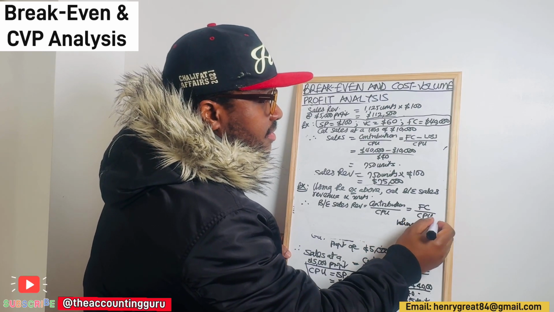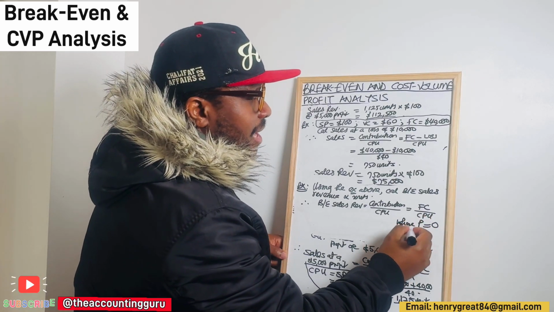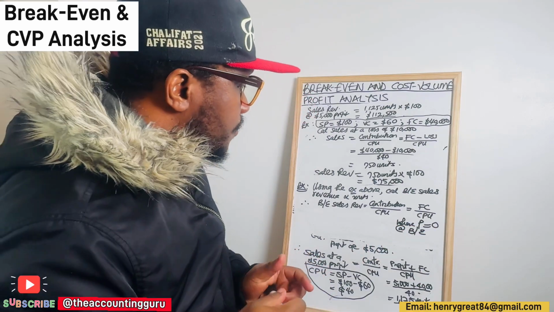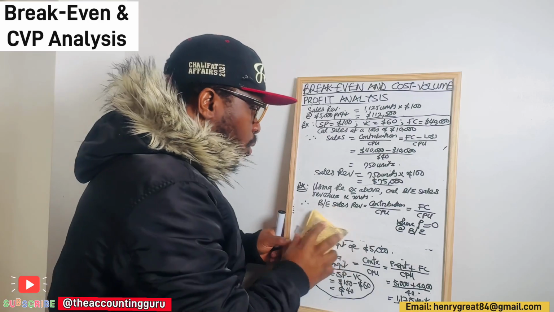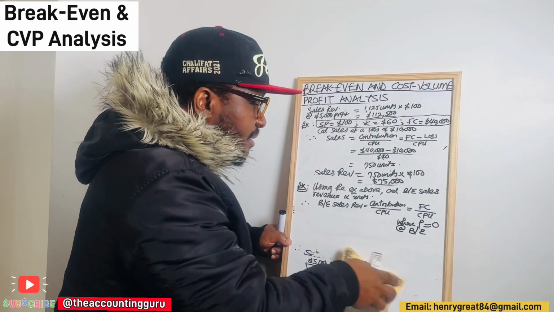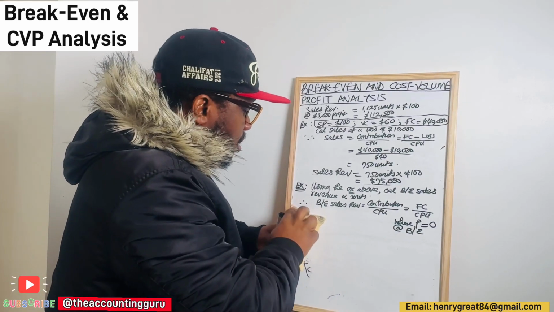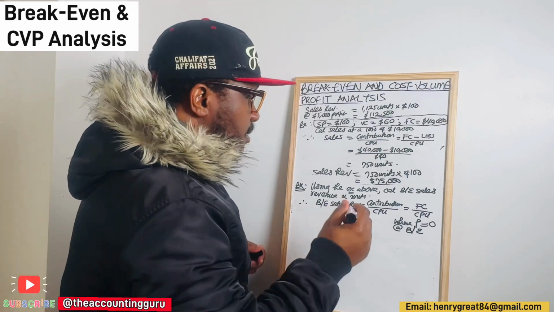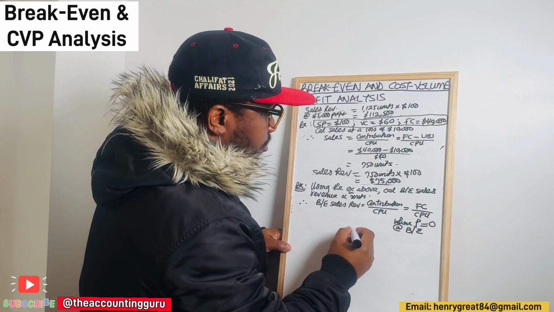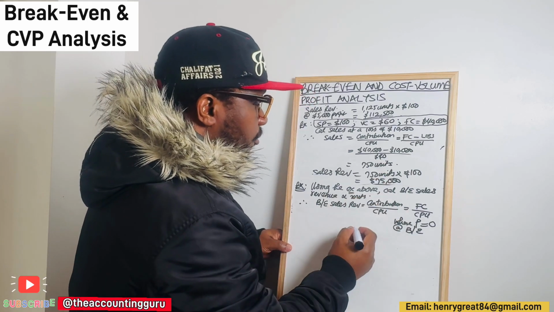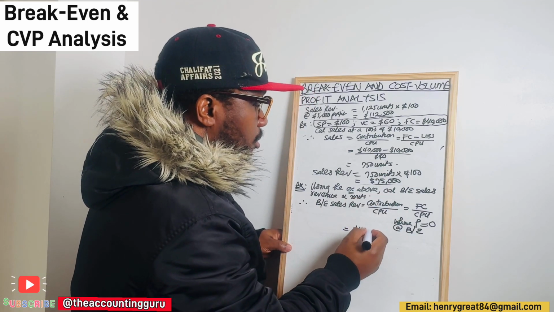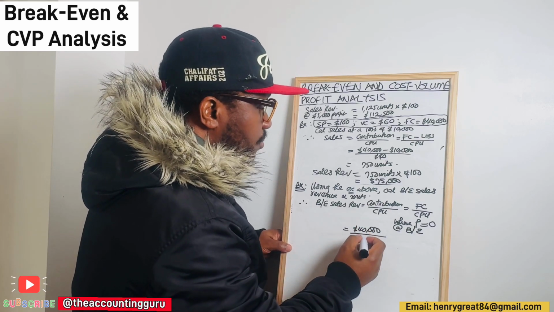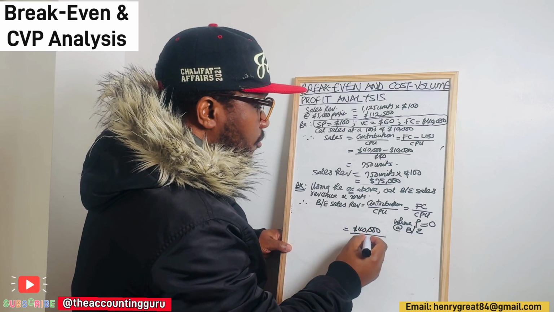I hope this is clear. So what is our fixed cost as given to us in the question? Fixed cost remains $40,000. What is the CPU? CPU remains $40.